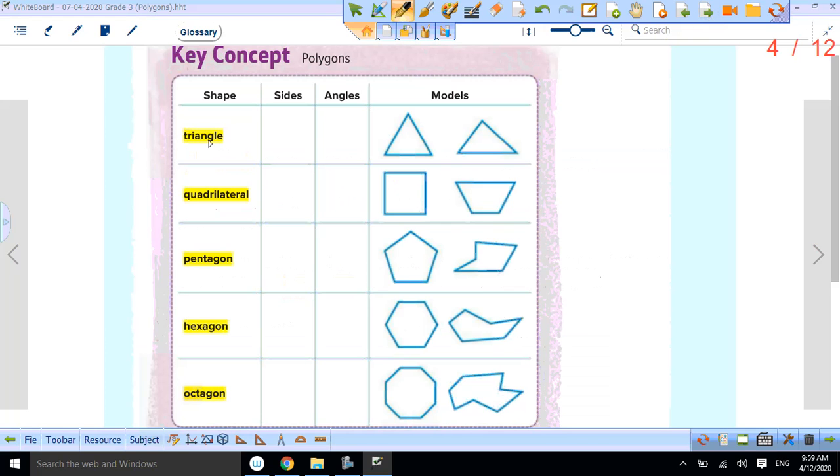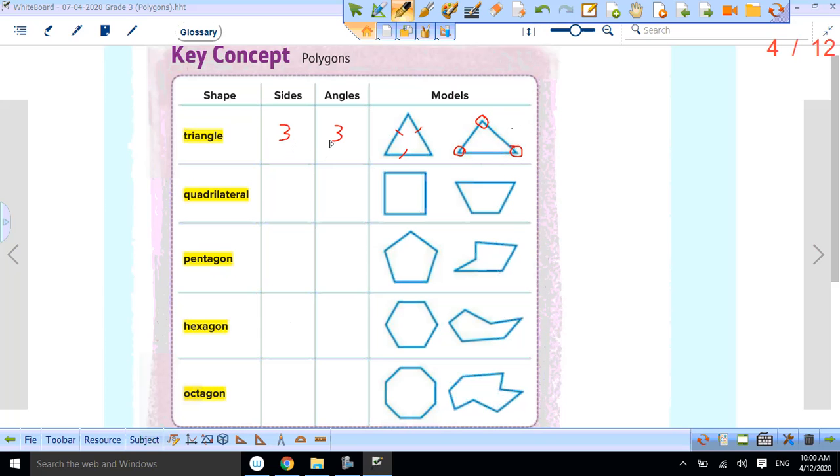Okay. These are examples of polygons and their names. This polygon has how many sides? 1, 2, 3. It has 3 sides. How many angles? 1, 2, 3.